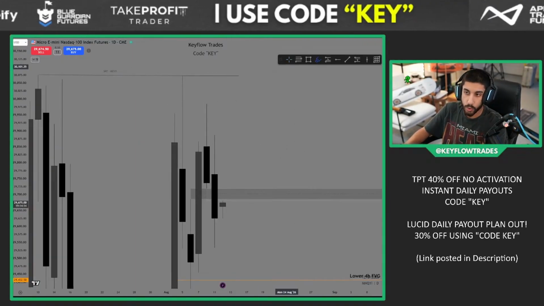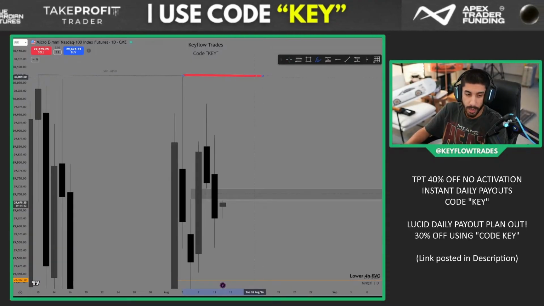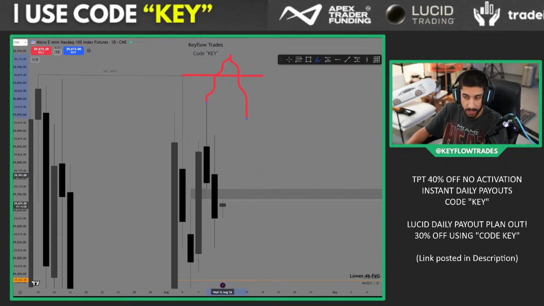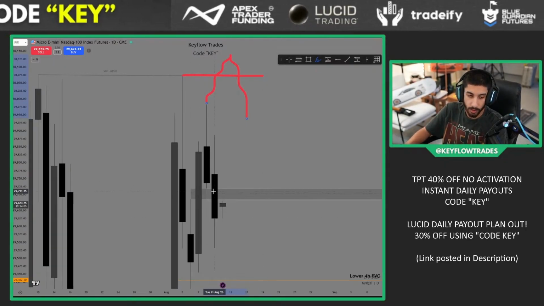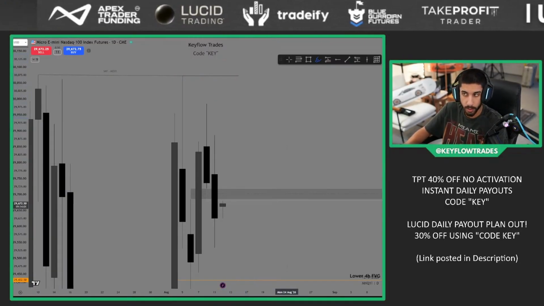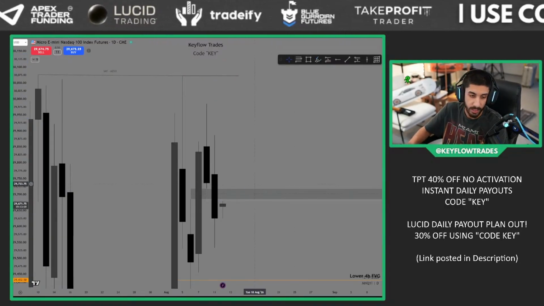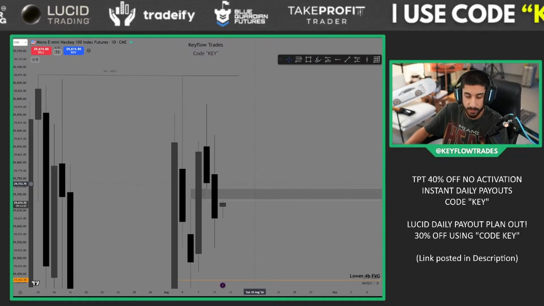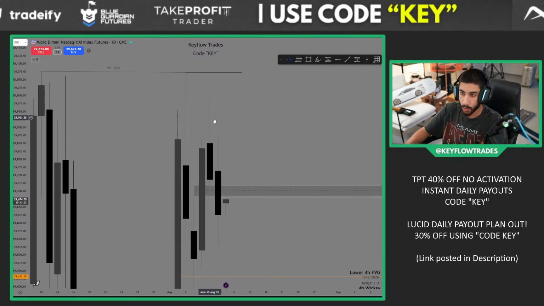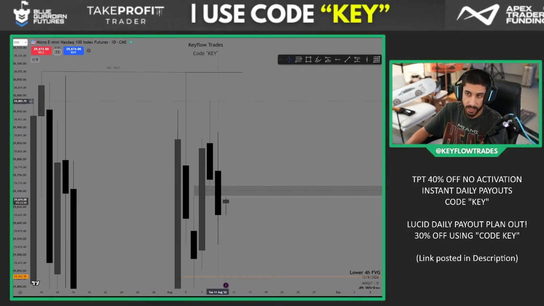Had there been a sweep of this high, had we gone up, swept this high and come down, then this would have made sense, and we could have shorted this daily inverse fair value gap. But it did not. Even if there's SMT, it doesn't matter. It means nothing, and in this case we did not have any SMT with the S. This high is unswept.